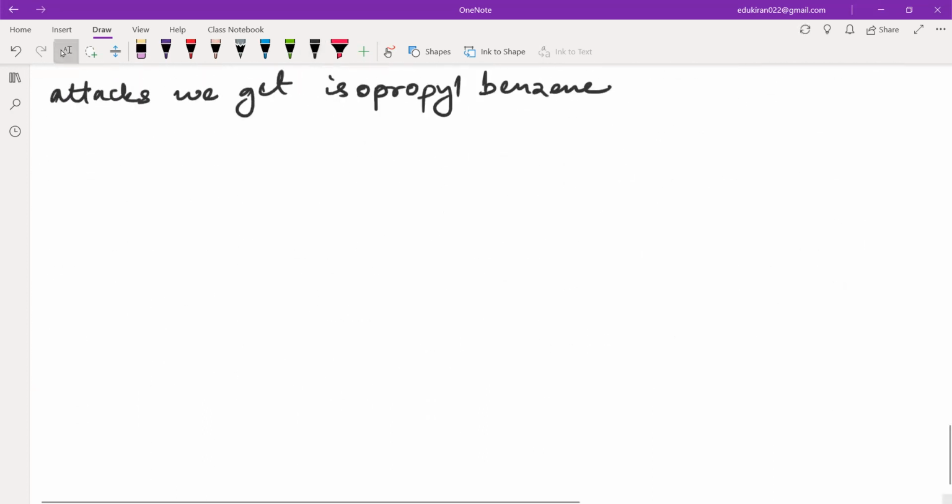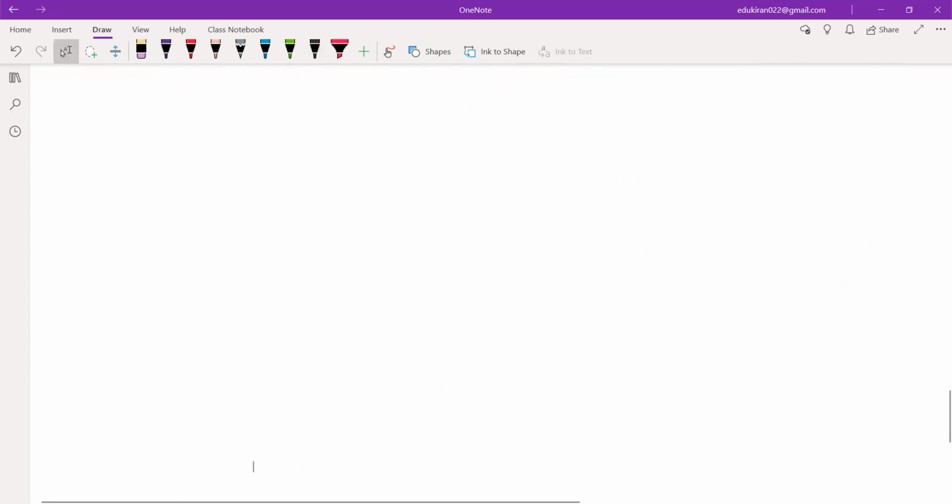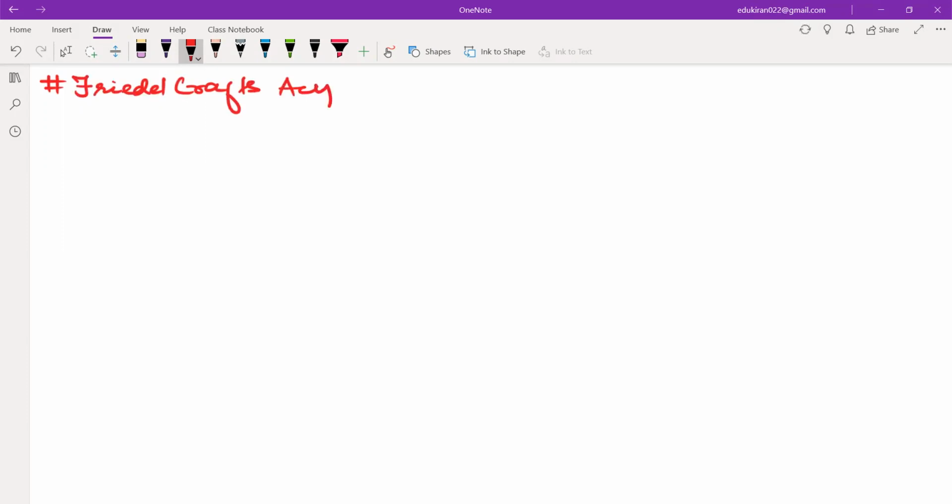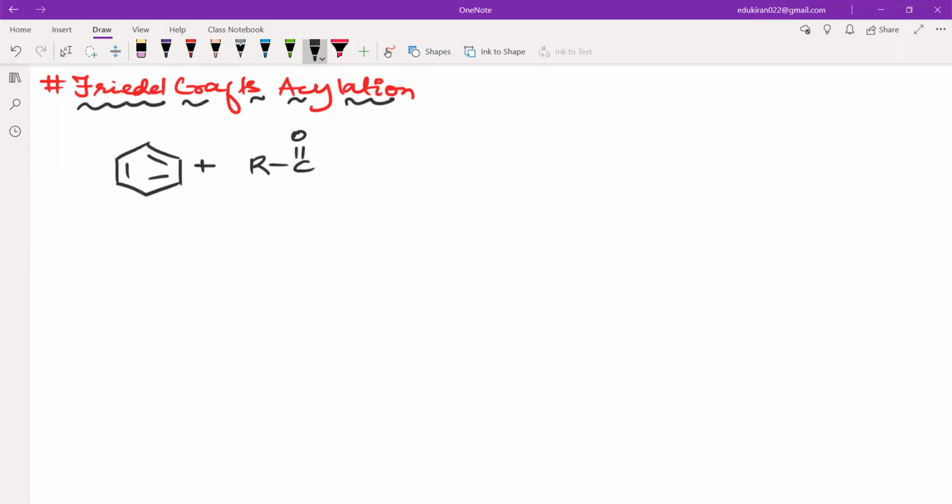Next is Friedel-Crafts acylation. In this we react this benzene with CH3COCl, or rather I can say RCOCl, R C double bond O Cl.